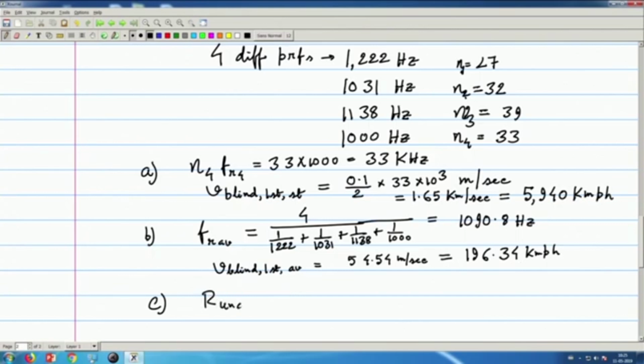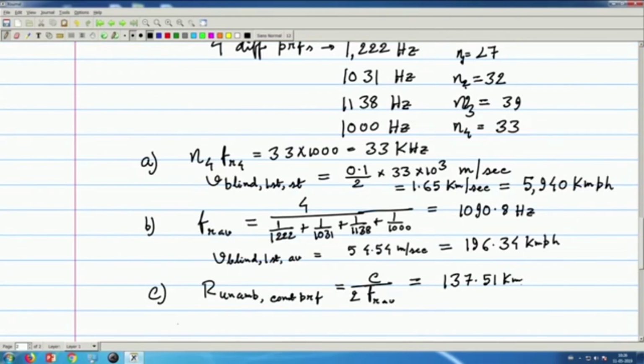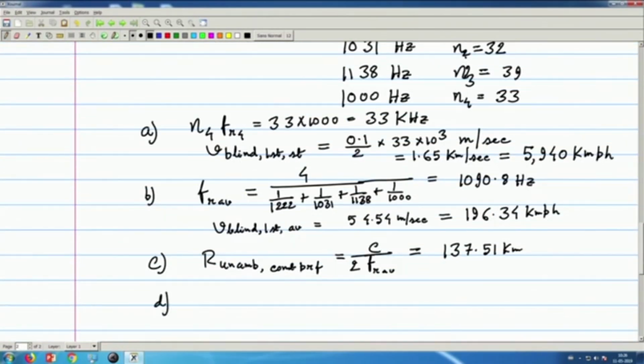So, the unambiguous range for this constant PRF radar will be C by 2 FR average, C by 2 into this. If you do that, that will give you 137.51 kilometer. Whereas, what is it for the staggered PRF radar?